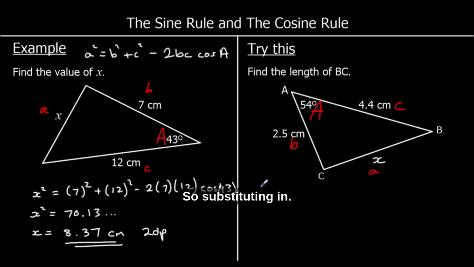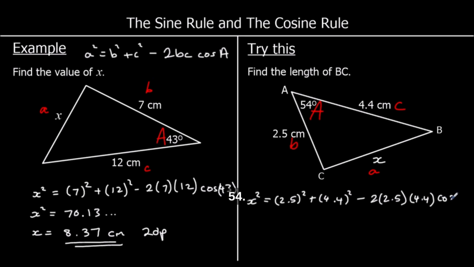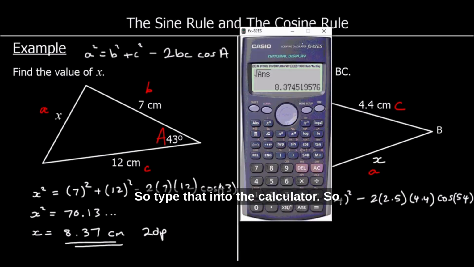So substituting in, so we've got x squared equals 2.5 squared plus 4.4 squared minus 2 times 2.5 times 4.4 cos 54. So type that into the calculator.